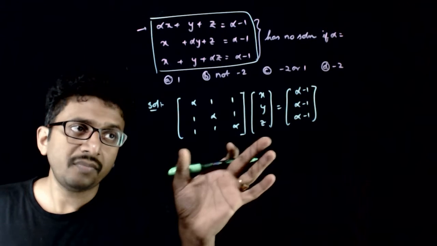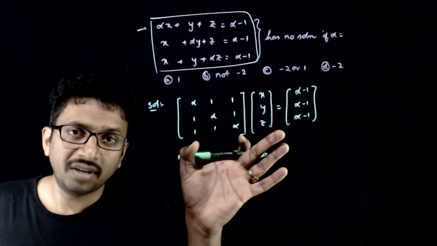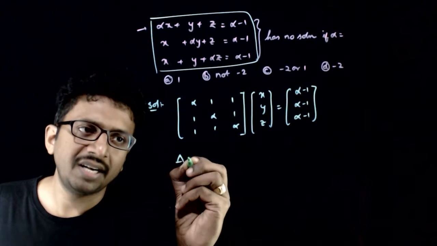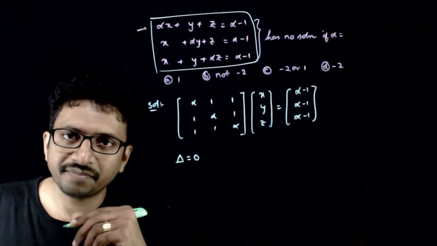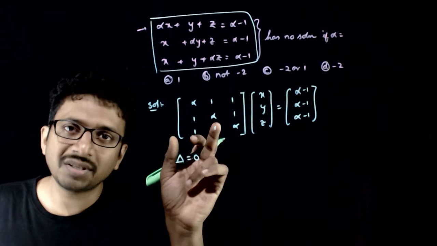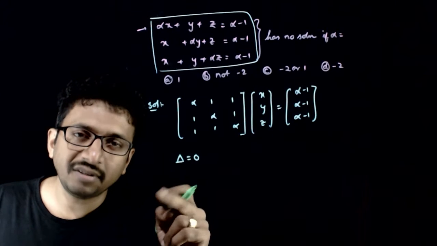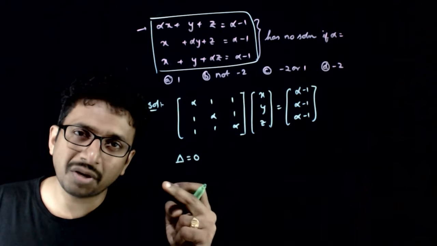Now if this system of equations has no solution, then the condition is delta should be equal to 0, because if delta is not equal to 0, it has a unique solution. If delta is equal to 0, it might have infinite solutions or no solutions.